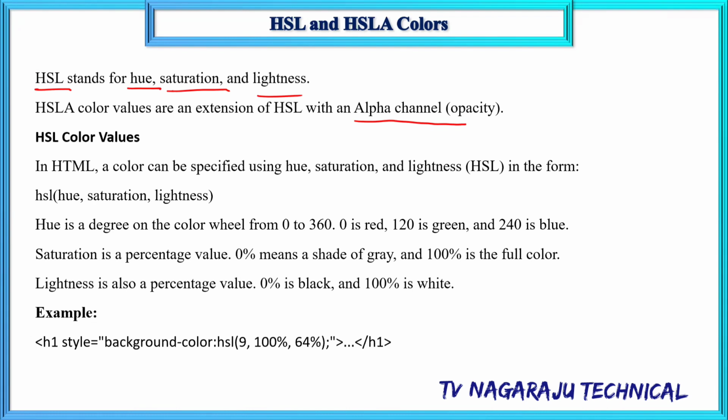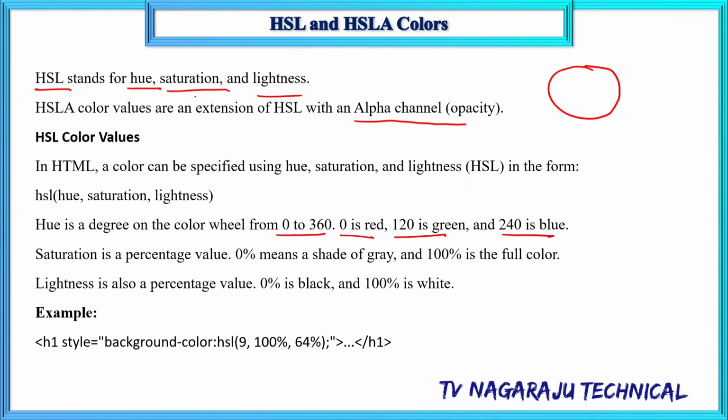What are the ranges? Hue means simply a circle, so the values are from 0 to 360. 0 specifies red color, 120 specifies green color, 240 is blue color. Anyway, based on other values, other possible colors are there.